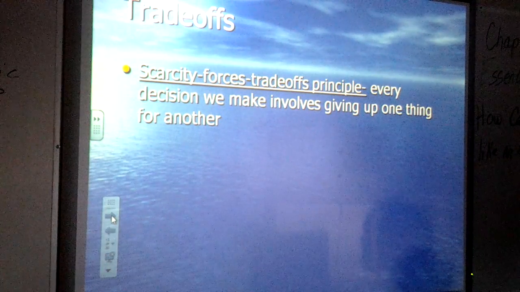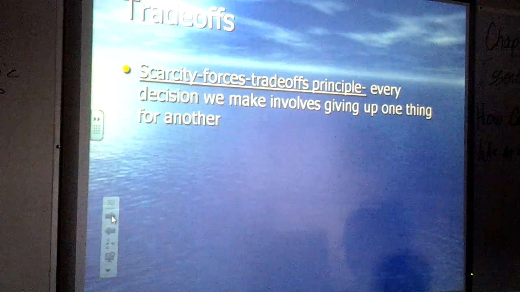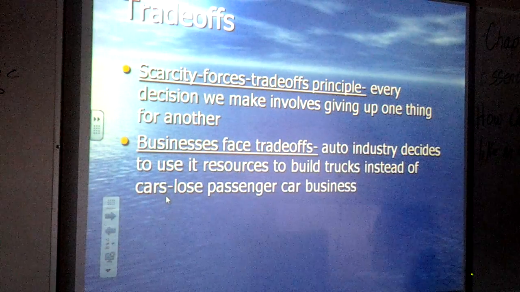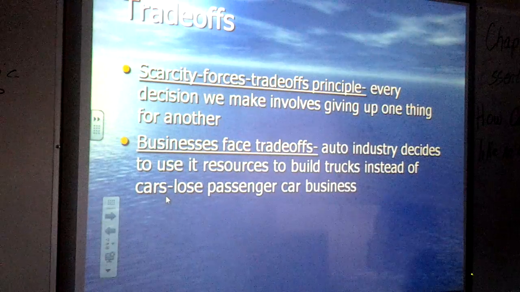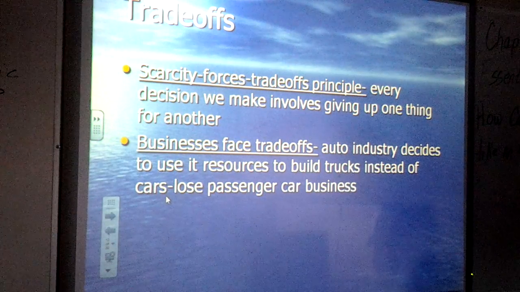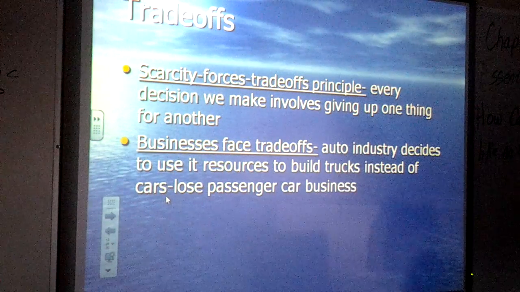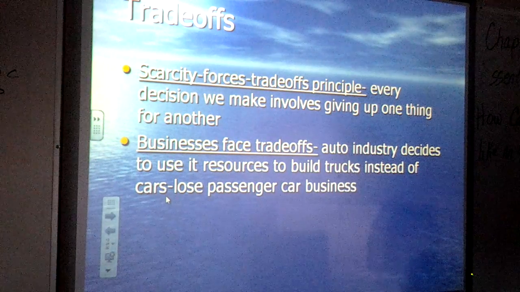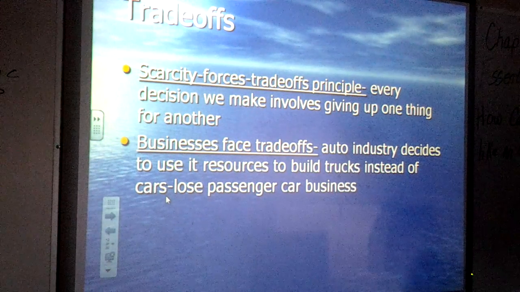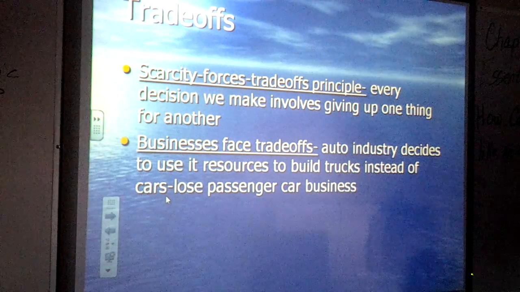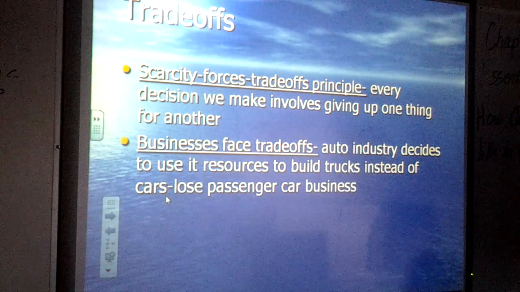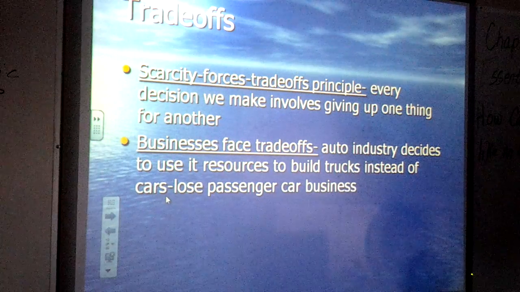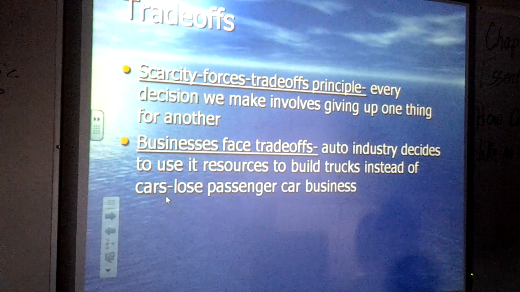But what's important to know, and I think this is also a test question, is that businesses also face trade-offs. If you're in the automotive industry, should you build trucks this year, or are smaller, more gas-efficient cars the way to go? Do we reduce our truck line and make more electric cars? What decisions do we have to make? So all businesses face trade-offs also.